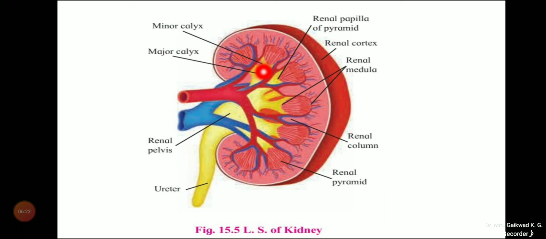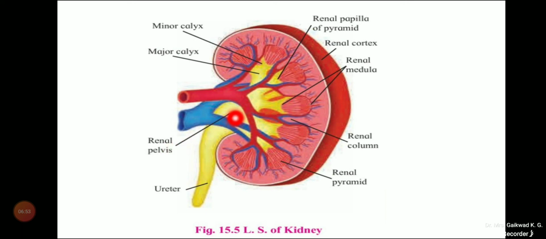This is one minor calyx, it is another. These minor calyces merge together and form what? Major calyces. Many minor calyces are fused to form the major calyces, and the major calyces unite again to form the renal pelvis.